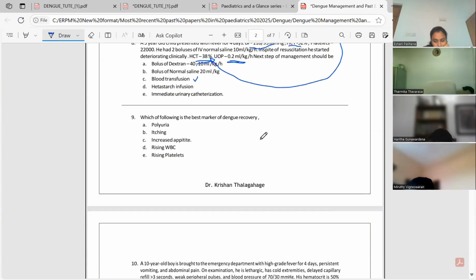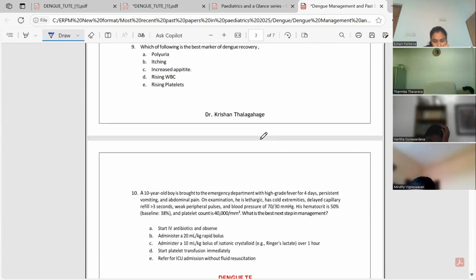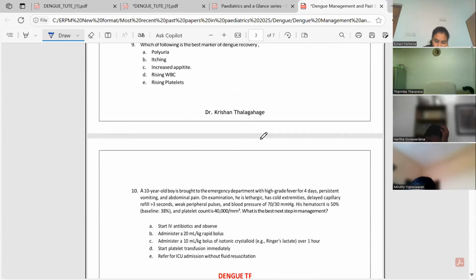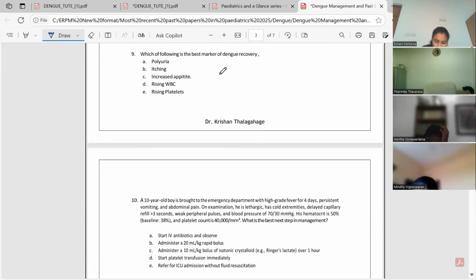Which of the following is the best marker of dengue recovery? He is recovering, so you might consider sending him home. What is that? Polyuria, itching, increased appetite, rising WBC, rising platelets. Anyone? Rising platelets, absolutely.